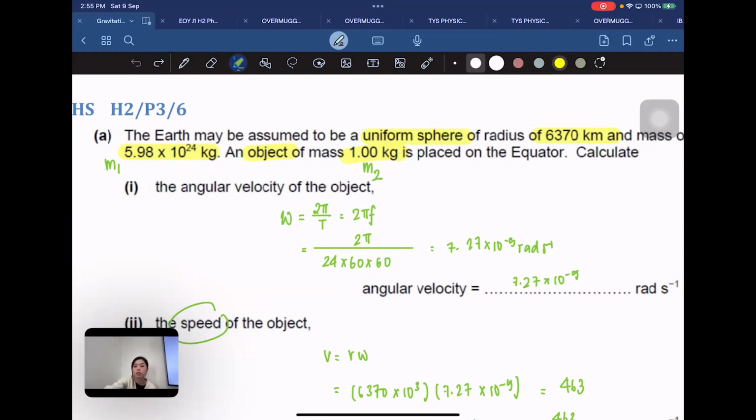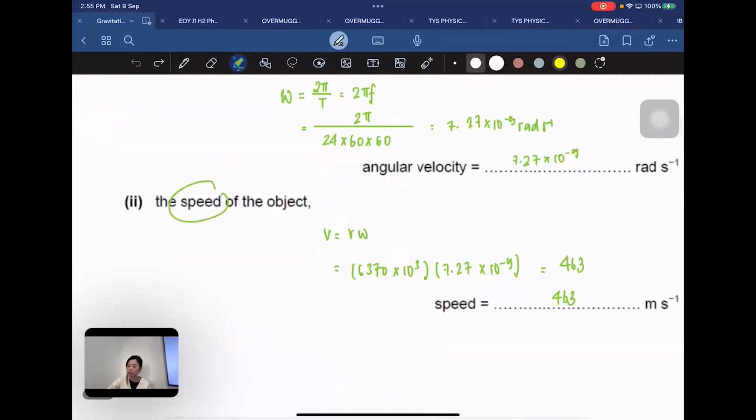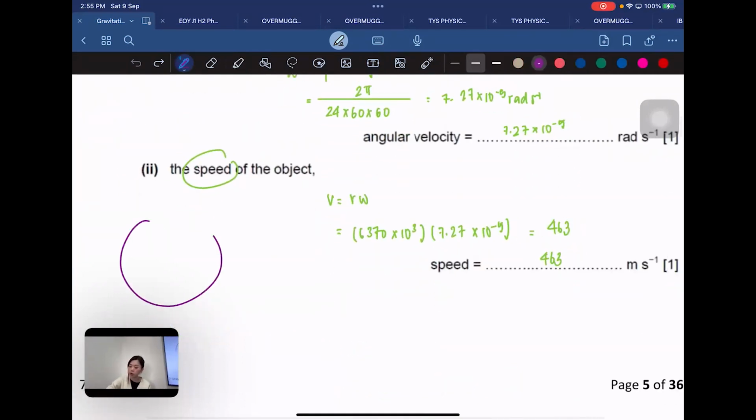Now, the next one, it says, calculate the speed of the object. Same thing. Your object is now moving in circular motion. So therefore, in order for you to find the speed of the object v relating to angular velocity, it will be r omega, where r is basically the distance between your celestial body as well as your object's orbit. But not just any distance, must be from the center.